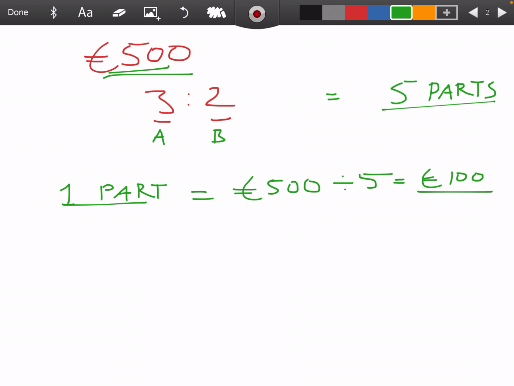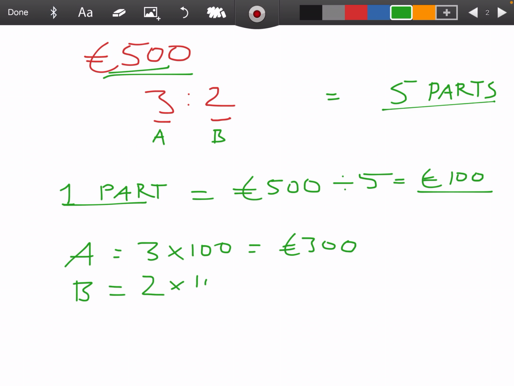So person A is getting 3 parts, so that's 3 times 100, nice and simple, giving us €300. And person B is getting the rest, 2 shares, each worth €100.